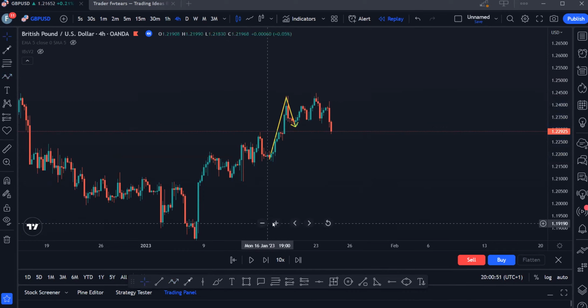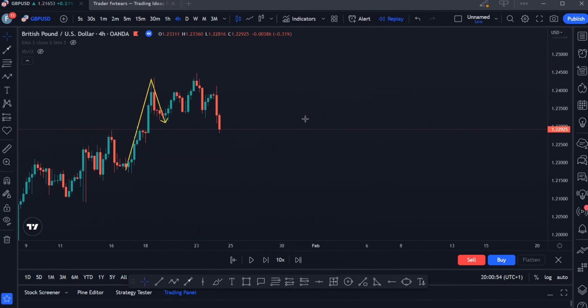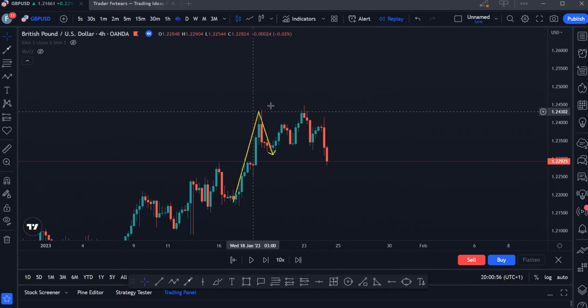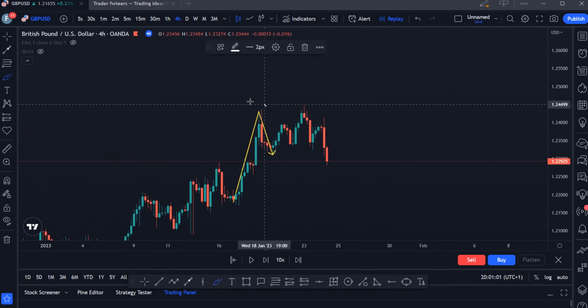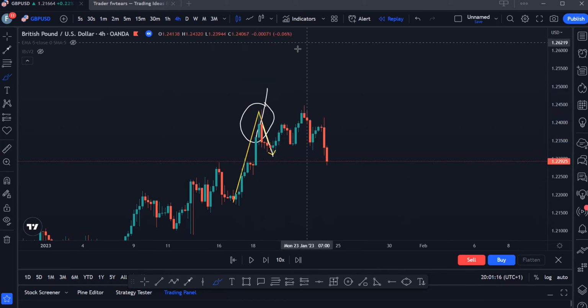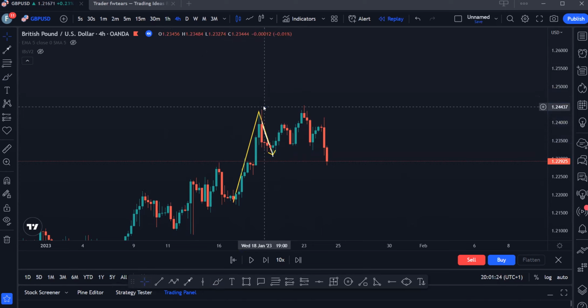There's something responsible for that reversal. It's a resistance. So that means there's a resistance here. There's something pushing price back down. There's something that is not making this bullish candle keep going up. Something pushed it back down. So you as the Forex trader, you want to identify that zone, because that might be a zone where you should be looking to take entry sometime in the future.